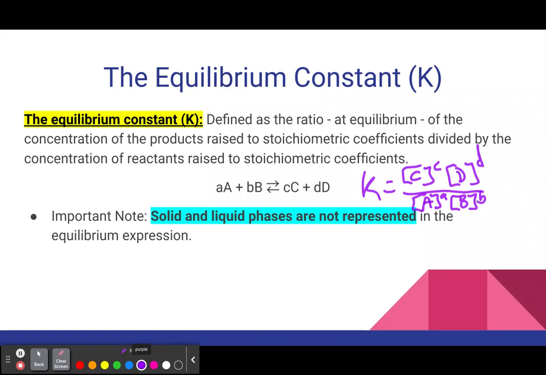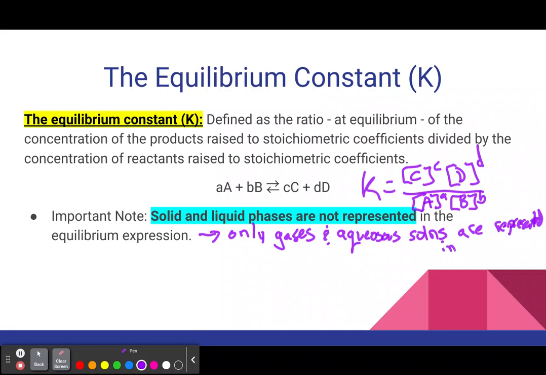Again, only gases and aqueous solutions are represented in the equilibrium expression.